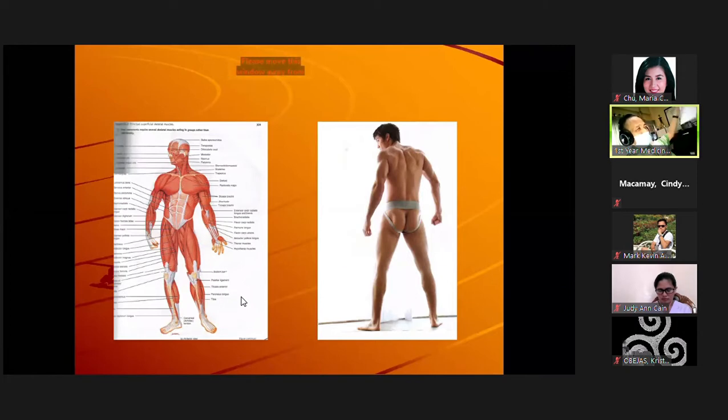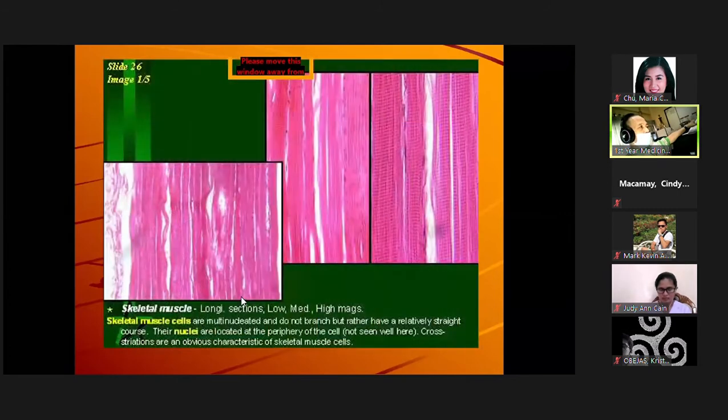Okay, so that's your muscles, basically. Your back and your front muscles. So, this is another view, a higher view of your skeletal muscle. It is long, so that's why it is fiber-like. And then you would see that it is multinucleated at the periphery.